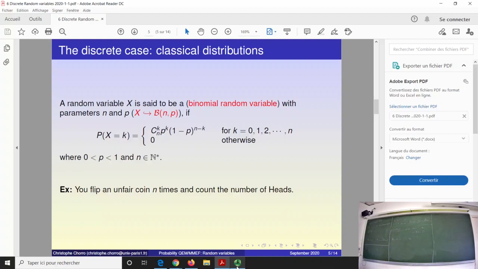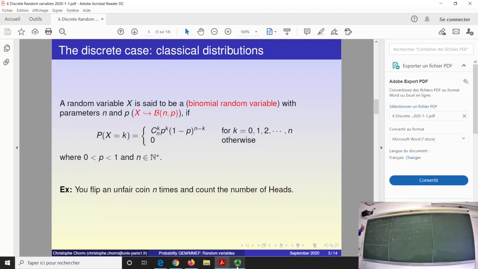So first of all, what is the set of the possible values for this sum here? Each one is a Bernoulli. So for each one, what are the possible values? 0, 1. So if I do the sum of n terms, what do you obtain for the sum as possible values?